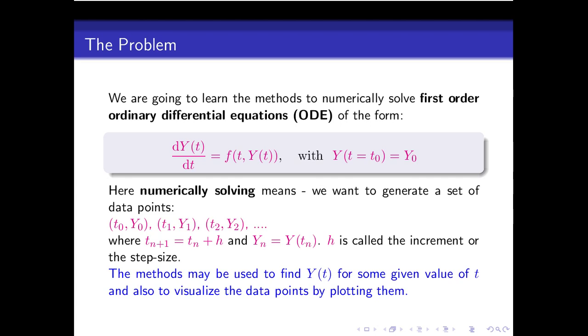It is worthwhile to mention here that this h may not be constant. It may vary, and one can do all these things which we are going to do today without setting h as a constant. You may set it as different values, so when you go from t0 to t1, you keep it as t1 minus t0 and then t2 minus t1.